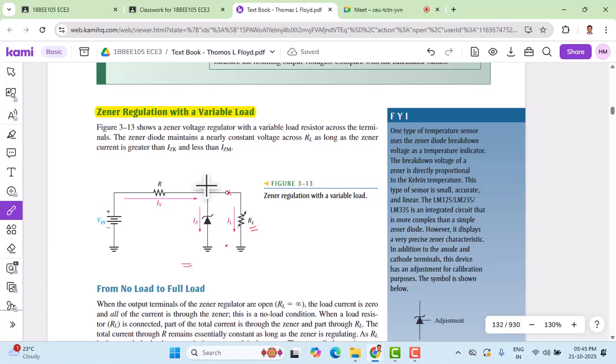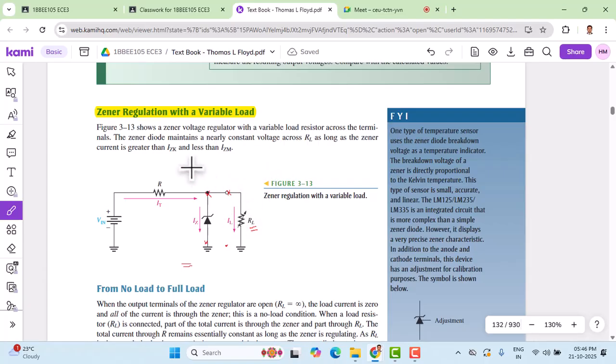If the breakdown voltage is 5.1 volt, then 5.1 volt will be maintained across its terminals. Since the Zener diode and load resistance are parallel in nature here, whatever breakdown voltage we select for the Zener diode, the same voltage is maintained across the load resistance, though there is a variation in the load resistance.